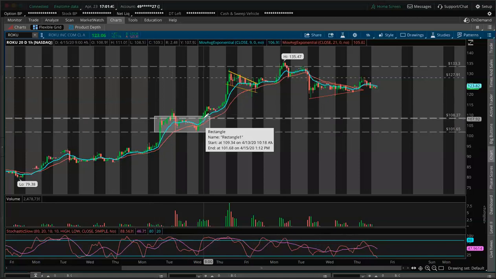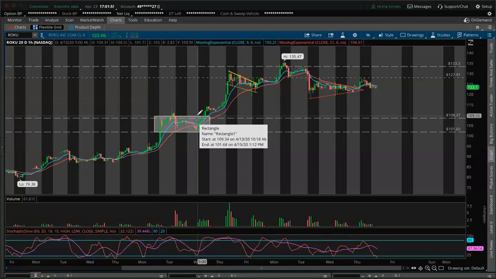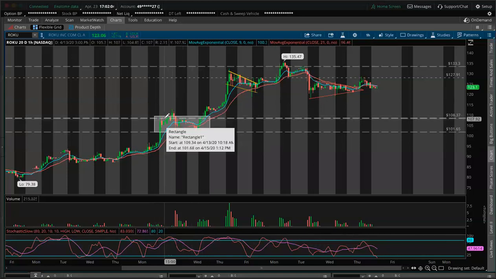Now on Wednesday was when we saw the initial breakout during the day, right? So automatically you should already be like, okay, this thing just broke out fully. This thing was consolidating for the past 3 days.